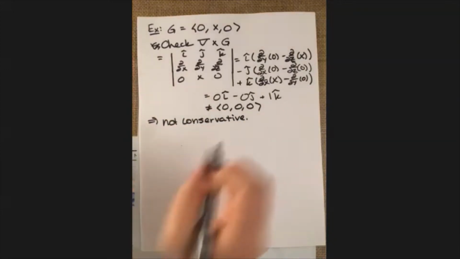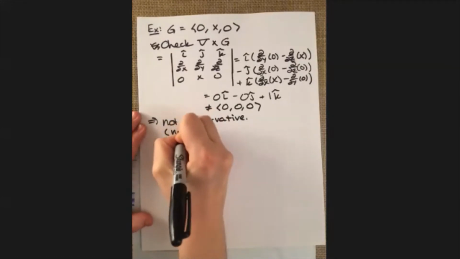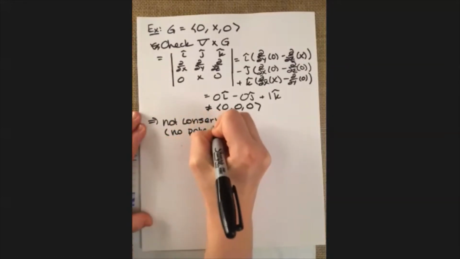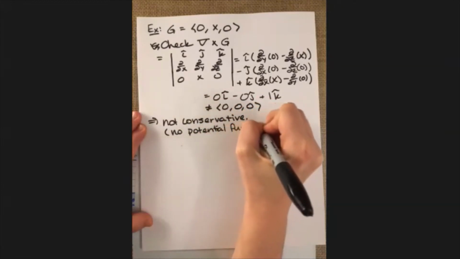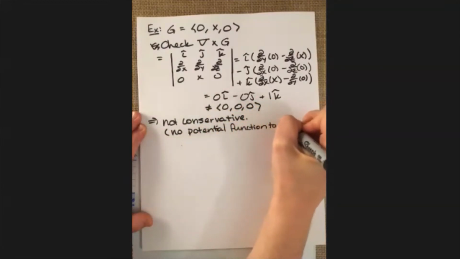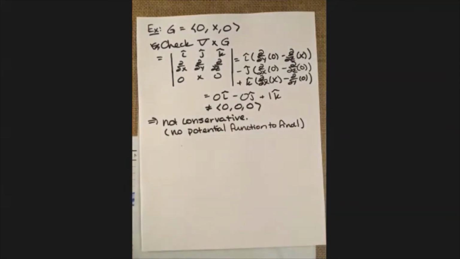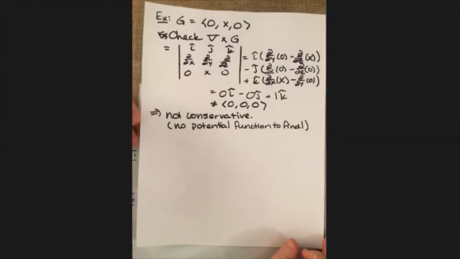All right, which means that, by the way, there is no potential function to find. Okay, so that's pretty much all there is to that problem right there. Not bad.